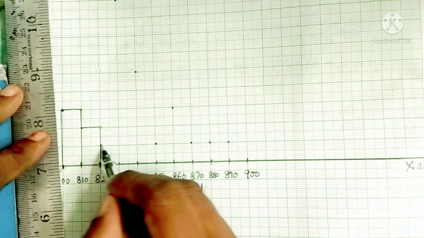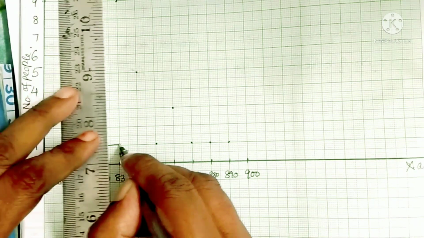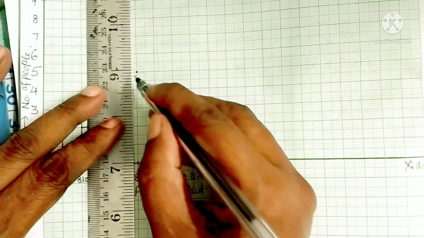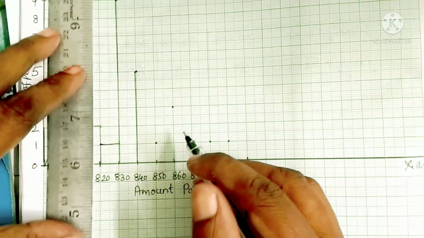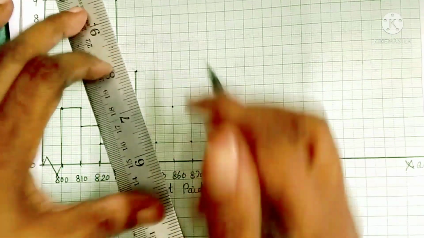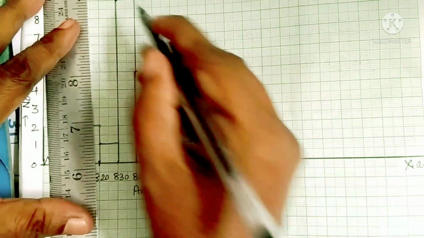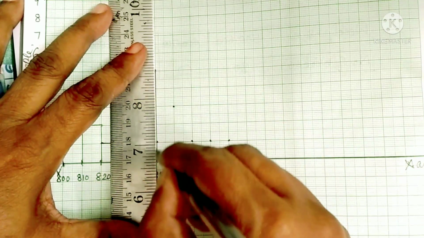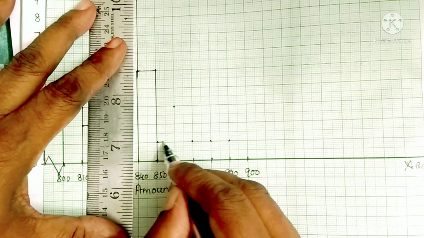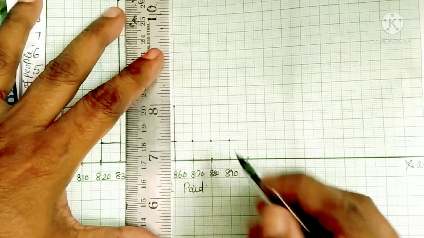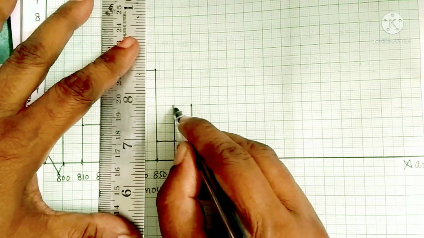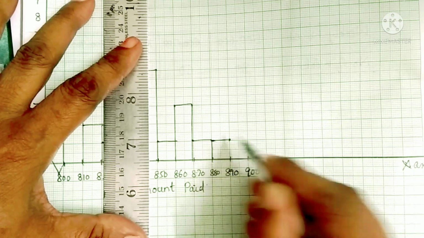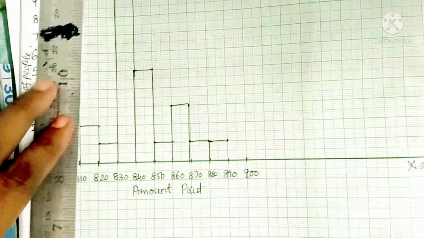Then from here to, one by one you just join them and make the bars. The last one is 4.